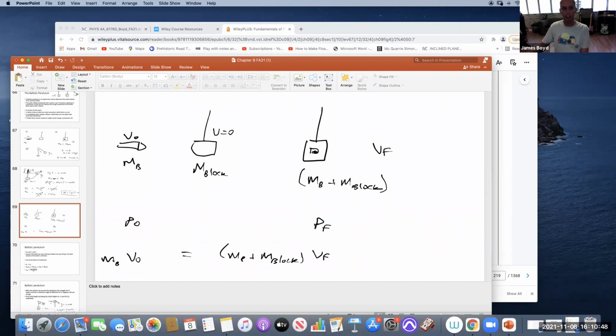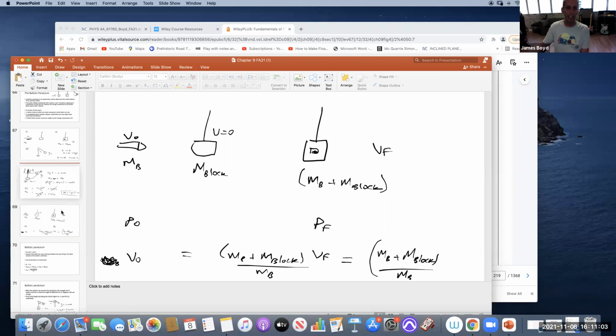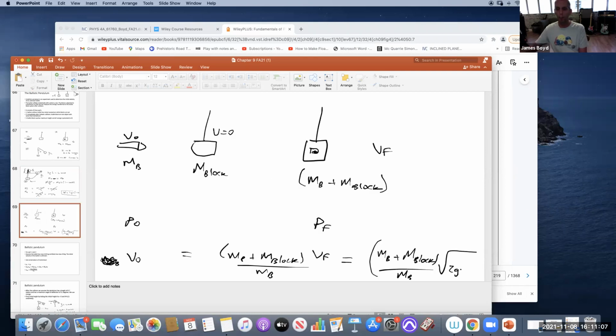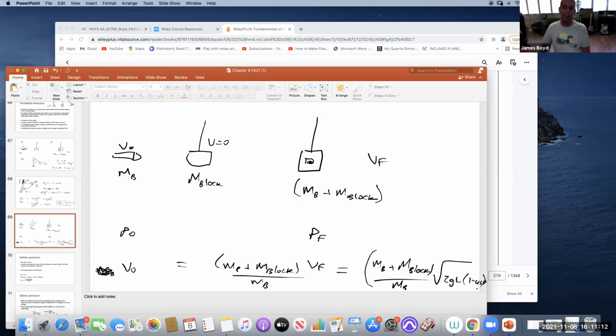Now I can divide through by M of the bullet, and then I have M of the bullet plus M of the block divided by M of the bullet. Going back to this, vA is my V final, and so that is times the square root of 2 g L times 1 minus cos theta. This is a very cool problem.